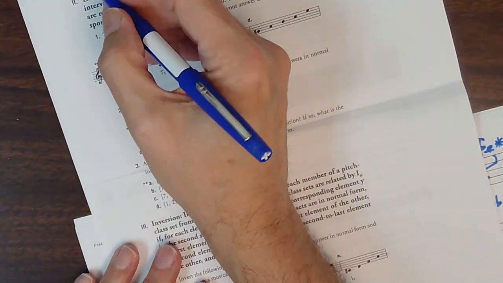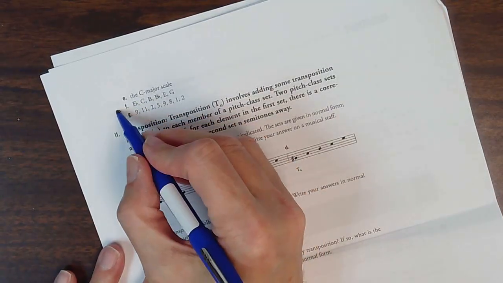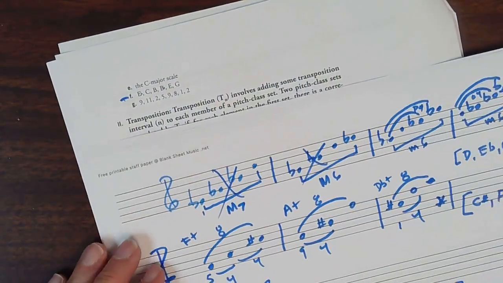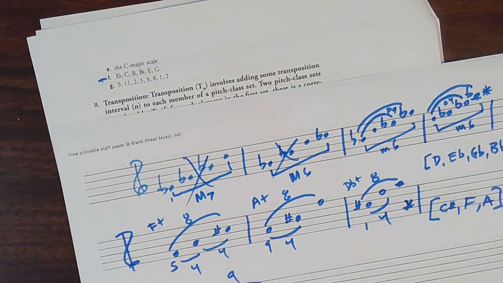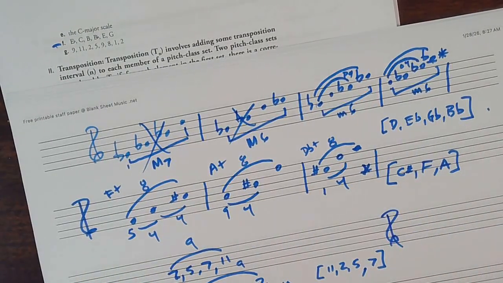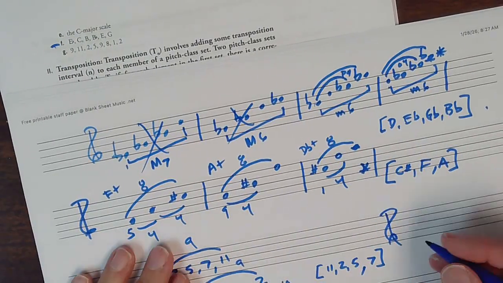Let's do this one right here. E flat, C, B, B flat, E, G. Okay, so I'm just going to write it as pitches first, ascending order within the octave.